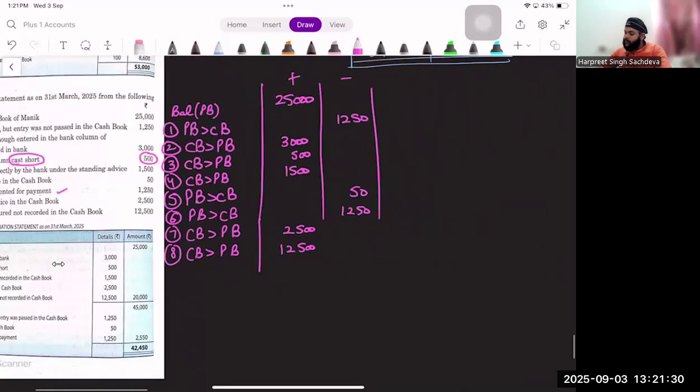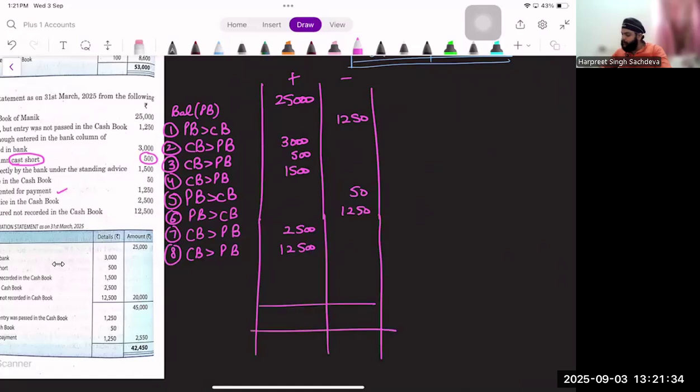Okay, Raja. Now you can check the totals. Total of the bigger side will be quickly 25, 37. It's 45,000.